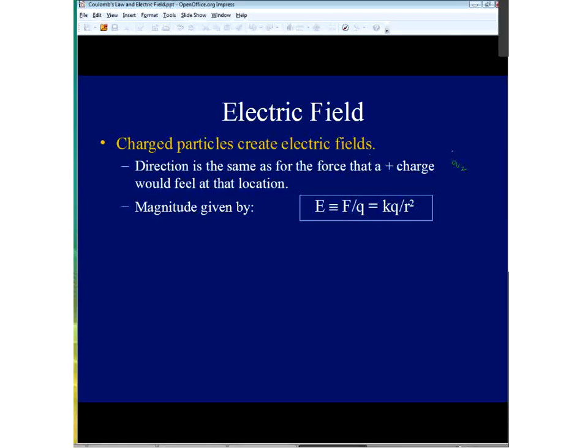Now if I am talking about a point charge, Q1 case, the field due to a point charge, in that case I can use Coulomb's law. Now that's a very important statement, by the way. I have seen students applying Coulomb's law the wrong way. Say for example you have two cylinders, both charged. What is the force between these two charged cylinders?